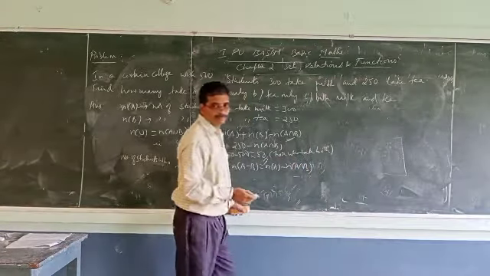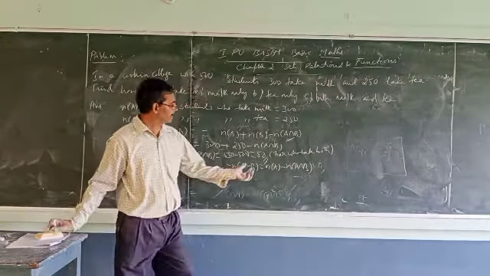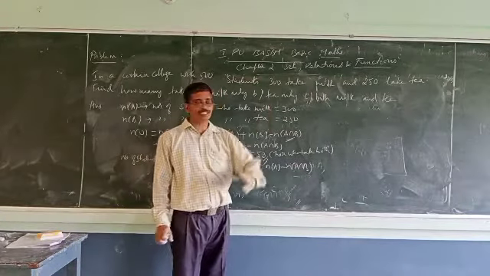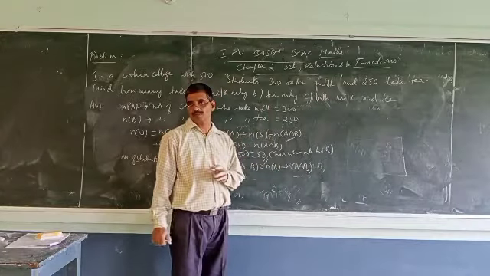How does it work? They should take milk, but they should not take both. N of A intersection B means they take both.